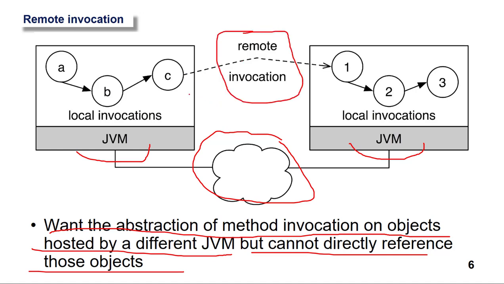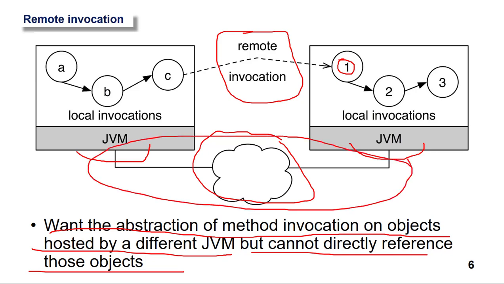In distributed applications, for example, we want object C to be able to call methods on object 1, and to do so while hiding a lot of the complexity that comes with communication over the internet. The internet comes with technologies such as IP and the Transport Control Protocol, and if you want to communicate over the internet, you need to adhere to those protocols and build messages that can travel over the internet using those protocols.